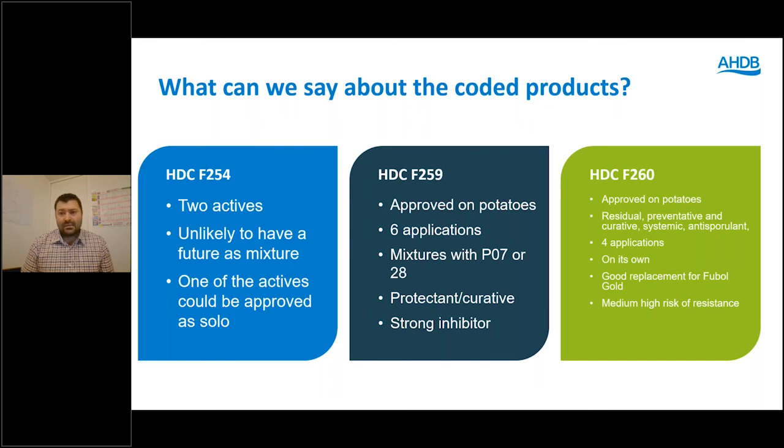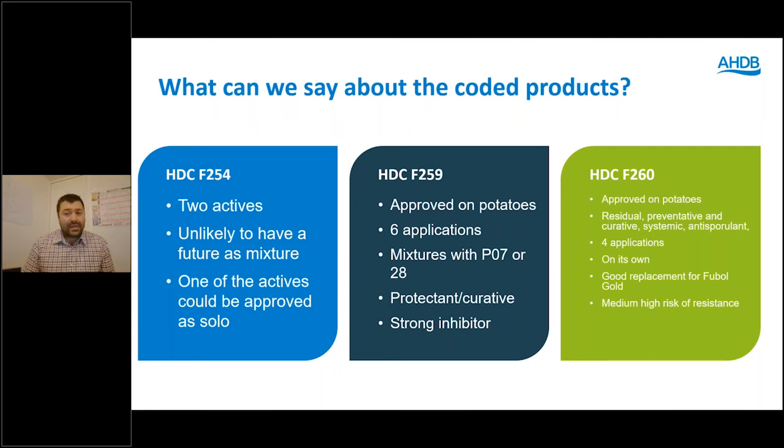It is systemic, so it will move up the plant, so it will give us quite a lot of confidence in terms of application, particularly where the crop is getting a lot denser and we're struggling to deliver the spray solution onto the right places within the crop. And also a very strong antisporulant. It's particularly good on that.